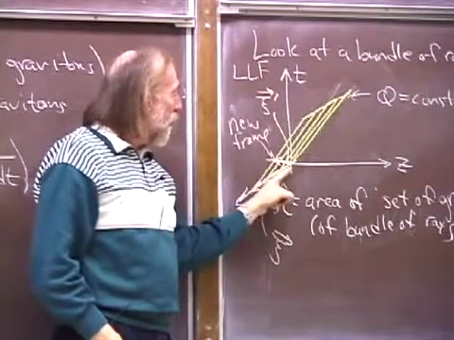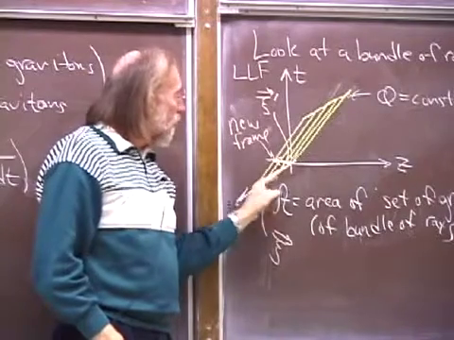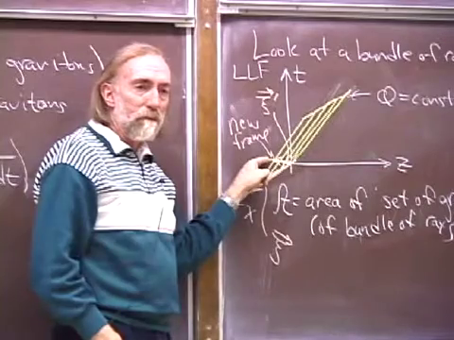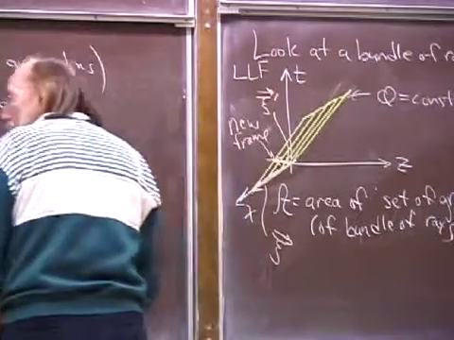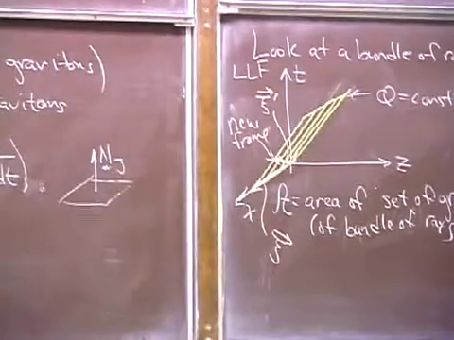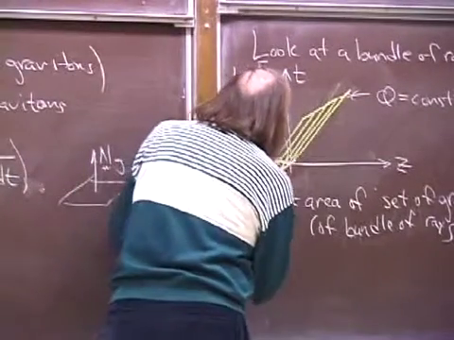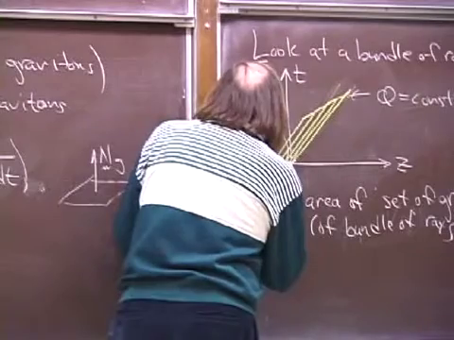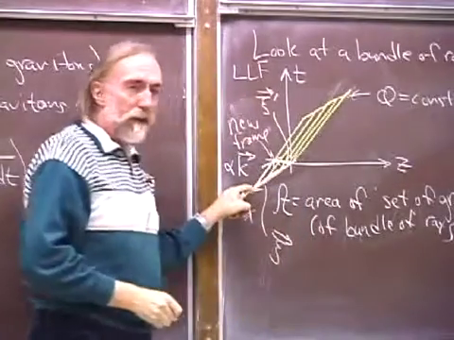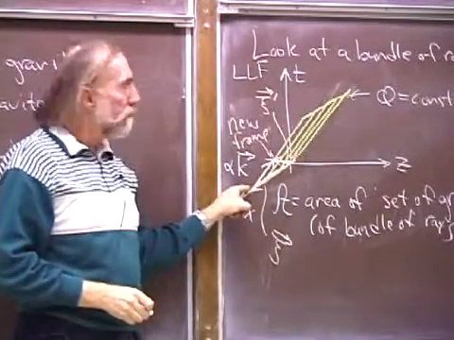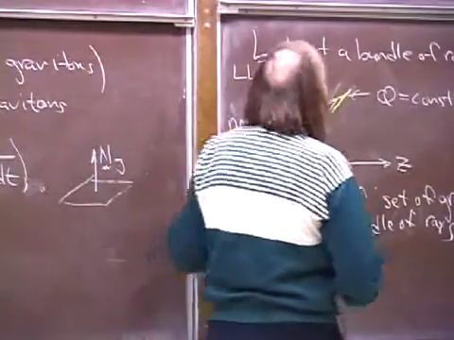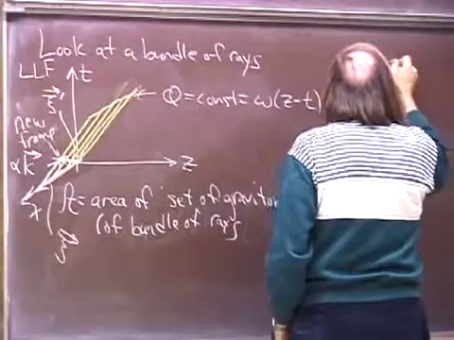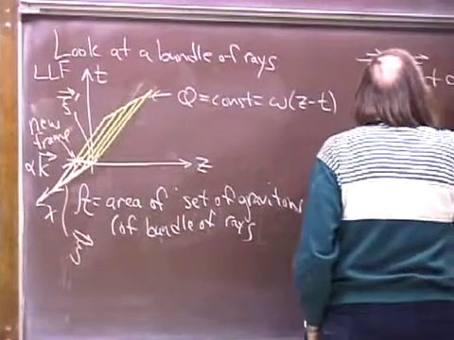And my claim is that the length of xi and the length of xi prime are the same. And the way to prove this is to look at the difference between xi prime and xi. That's this vector here, which is just some multiple of the wave vector because it's pointing along a ray.